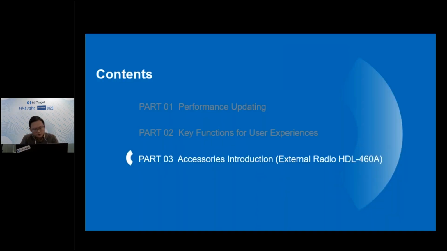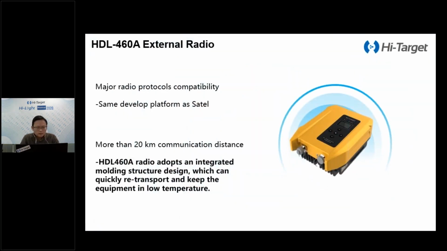Okay, finally, we need to have a brief introduction about the external radio. Last time we said in WDC that it can support multiple protocols like CATL, Trimble Talk, and even Chinese domestic radio protocols like CHC or SAUS.